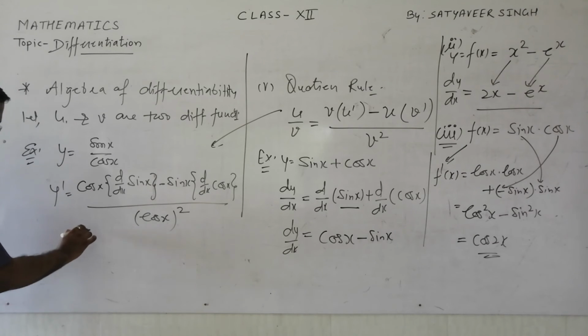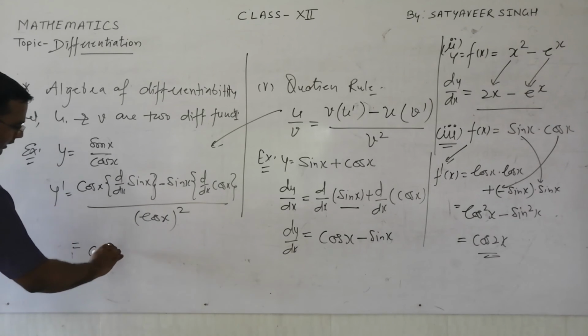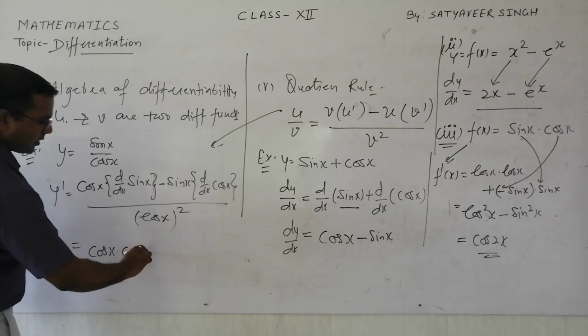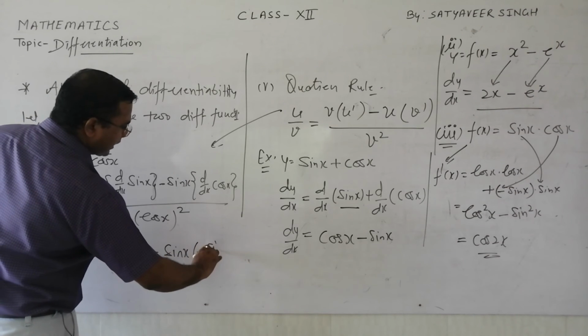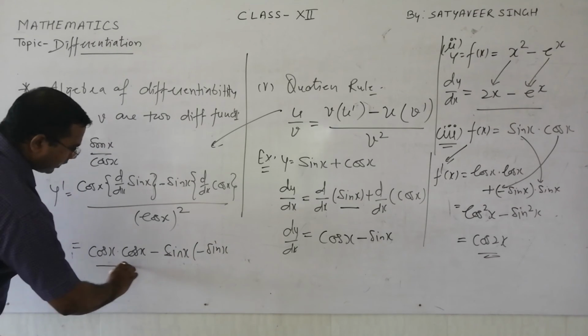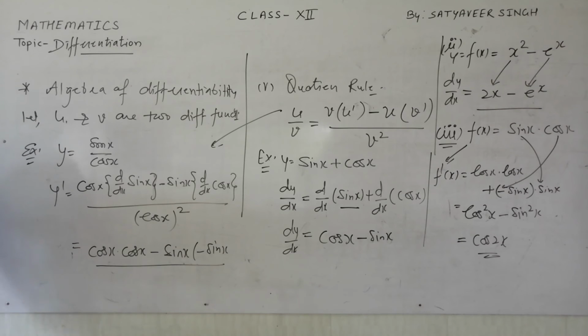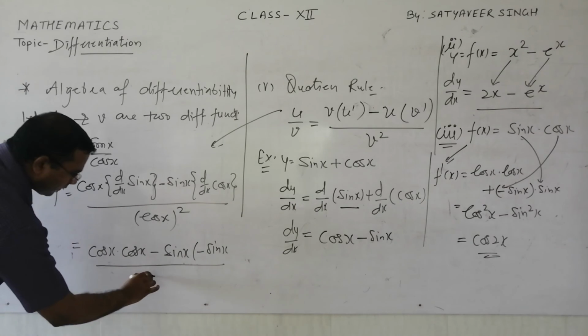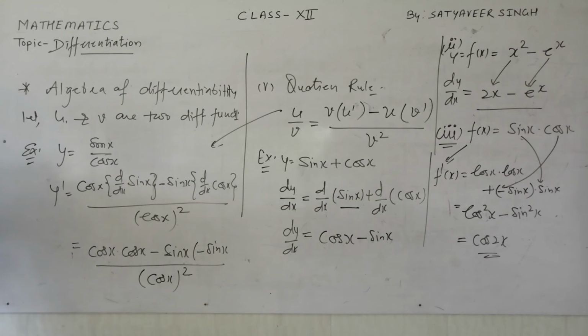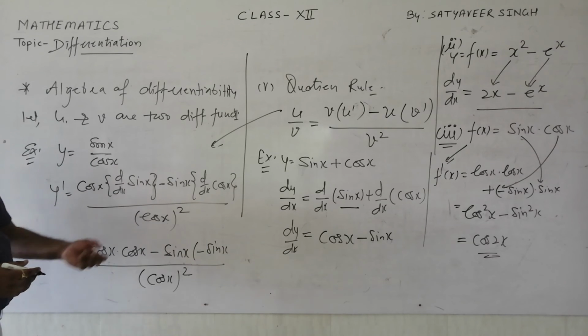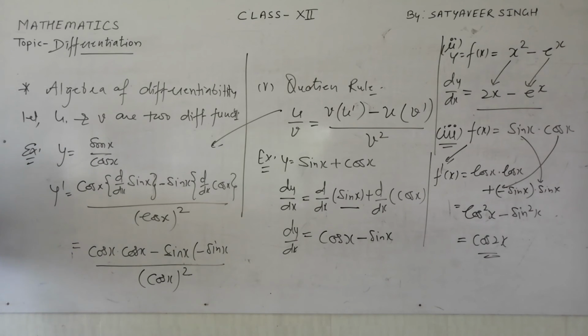You will write definitely it is cos x into cos x minus sin x into minus sin x, and these are the differentiations I am writing from my knowledge, as I have recalled these formulas. You will also have to learn these formulas, upon cos square x. These results we have proved in class 11, so I am using those results directly here.